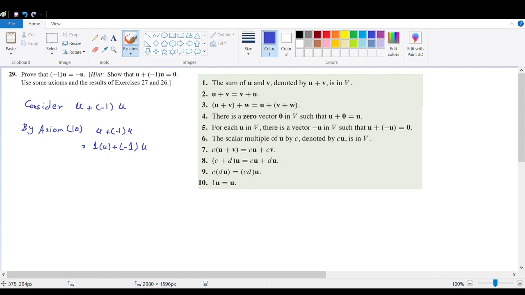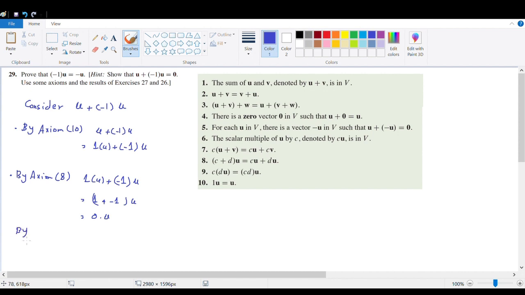So similarly, this one by axiom 8, one multiplied by u plus minus 1 multiplied by u is just equal to 1 plus minus 1 multiplied by u. So now 1 plus minus 1, it is 0 multiplied by u.